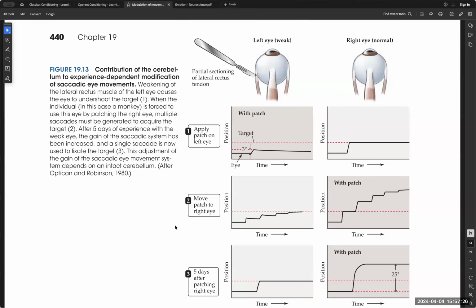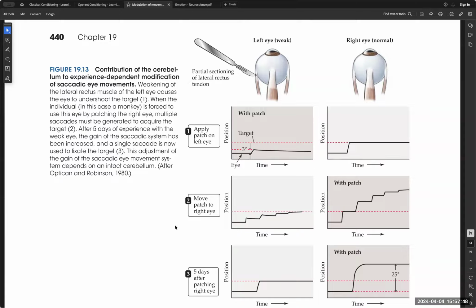This affected the saccadic eye movement in the left eye, so there is a weak eye and a normal eye. Then they applied a patch to the left eye. The right eye wasn't affected because its saccadic movement is normal. But when you put the patch on the right eye, the normal eye, I have a problem in saccadic movement in the left eye. It does not really hit the target because of the peripheral problem.